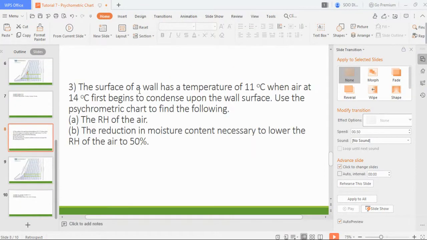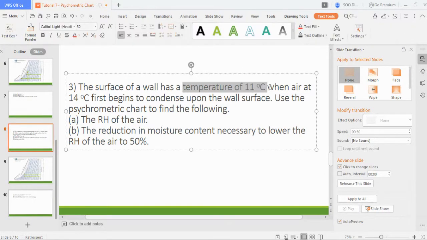And for question number 3, you're given the surface of a wall with a temperature of 11 degrees, and your air is 14 degrees. It further explains that the air starts to condense on the wall surface. So this 11 degrees on the wall is actually your dew point, or dew temperature.